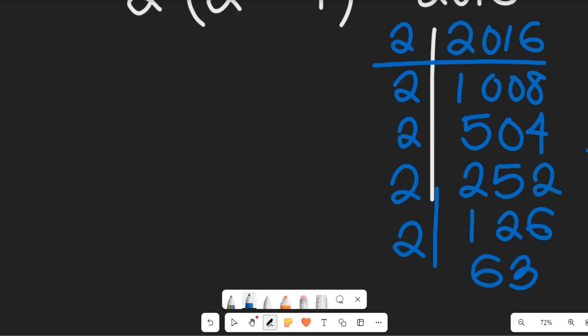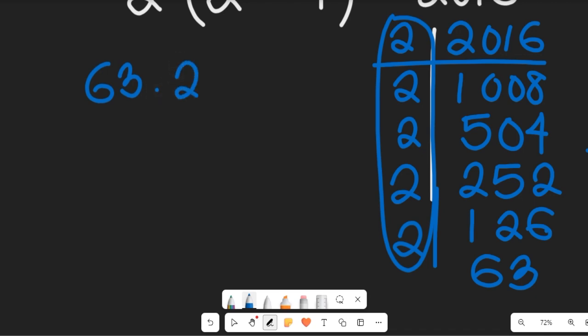So if I simplify this, I'm going to have this. I have 5 2's here. That will give me 63 multiplied by 2 to the power of 5, right? Good. So that can replace 2016. This can be equal to 2016.